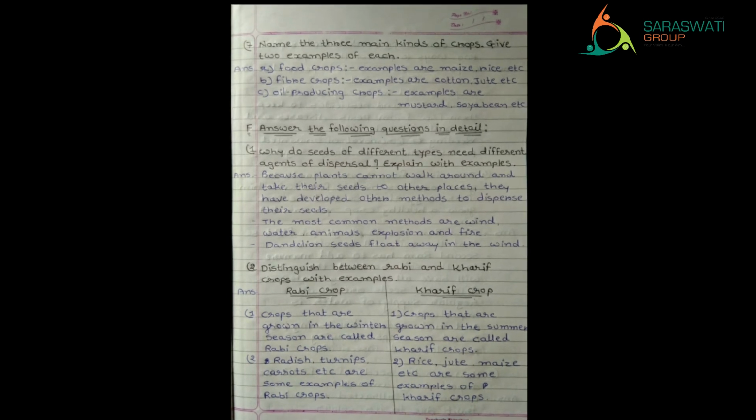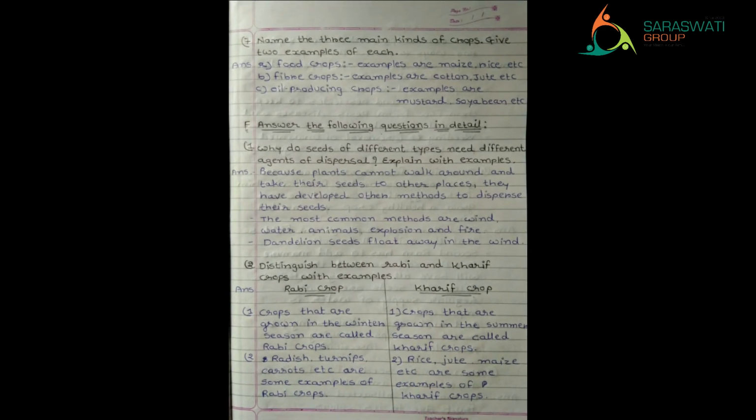So it is compulsory that they need to disperse via different methods, right? Read further. They have developed other methods to disperse their seed. એ પોતે ચાલી નથી શકતા, એટલે બીજી મેથડ એ યુઝ કરે છે સીડને આગળ અથવા વધારે આગળ ફેંકવા માટે, which is seed dispersal, right?